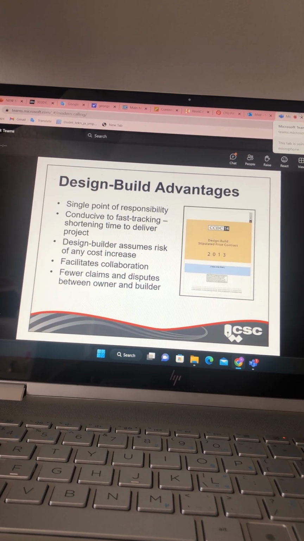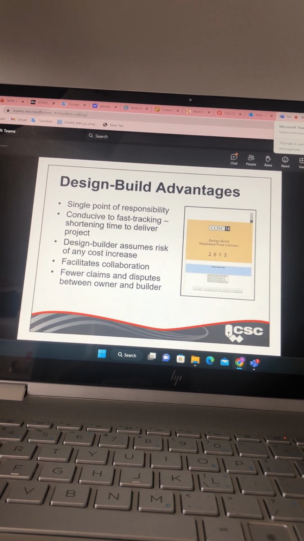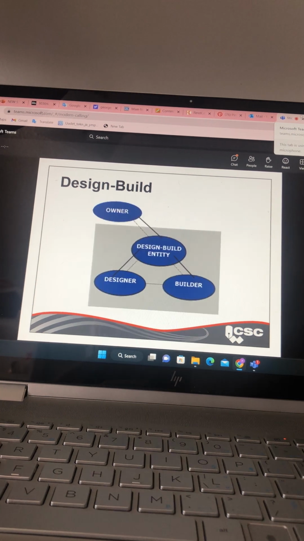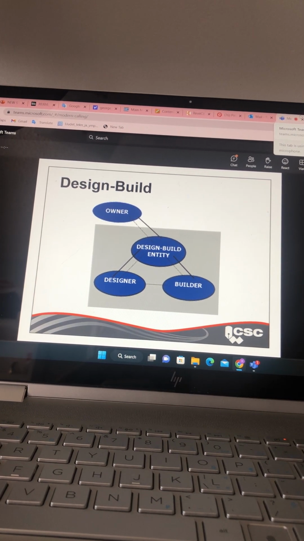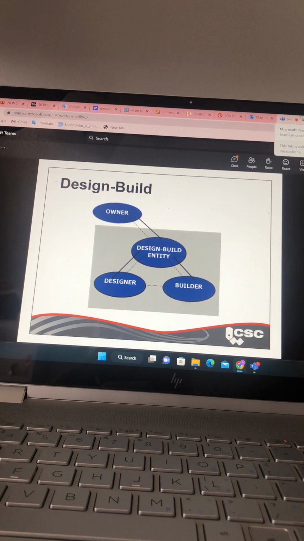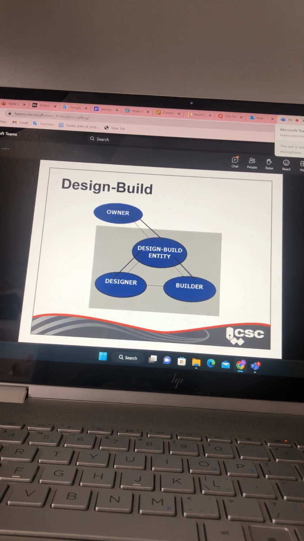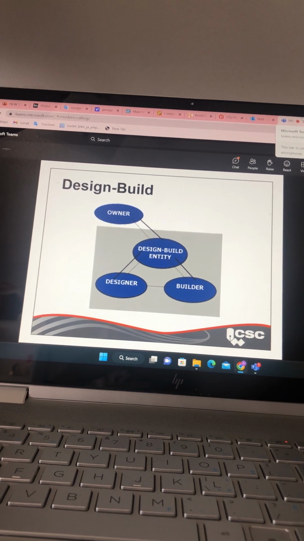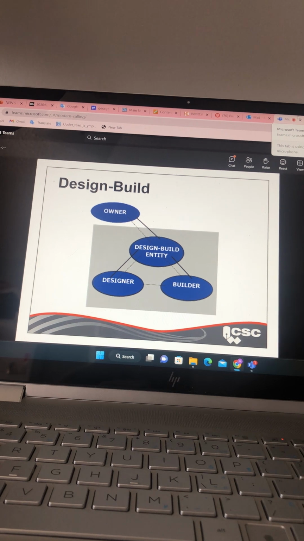So, let's talk about some of the advantages. First and foremost, there's a single point of responsibility. As you could tell from the previous slide here, the owner is only contracting directly with a design build entity. He does not, or she does not, have any actual relationship with the designer or the builder itself, okay?